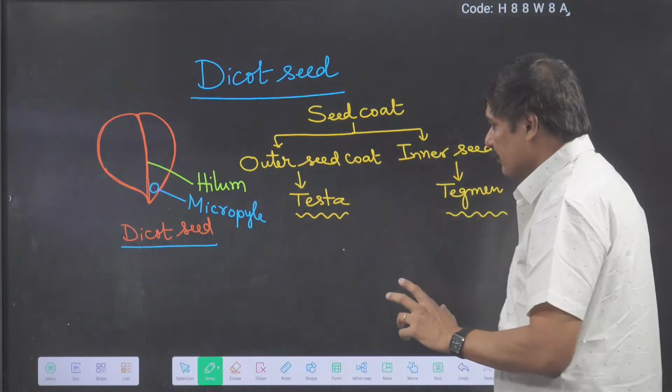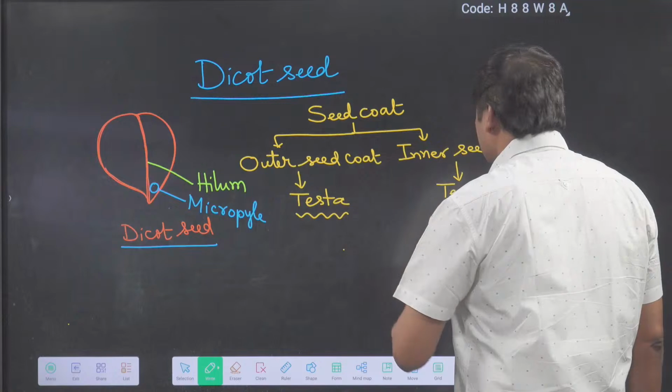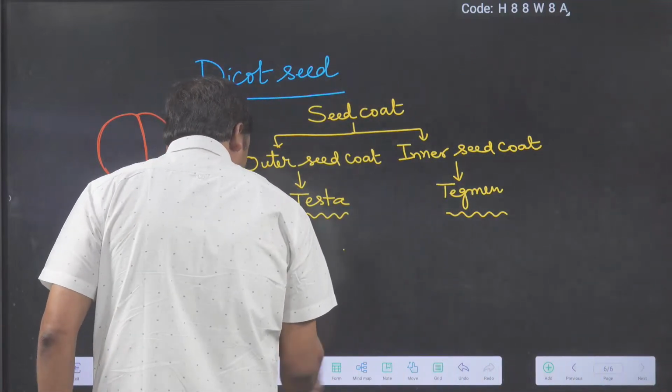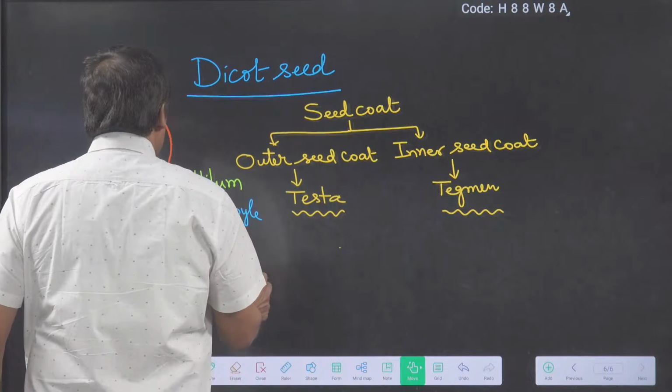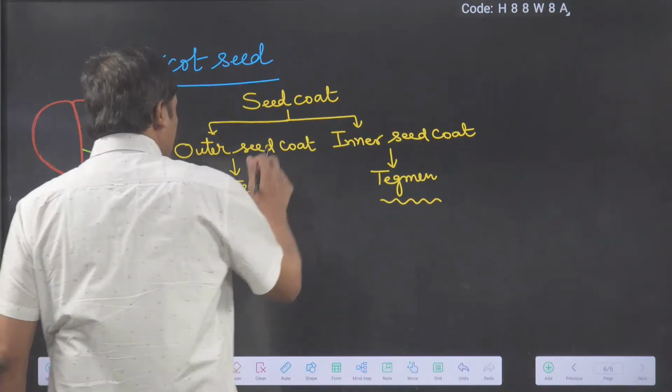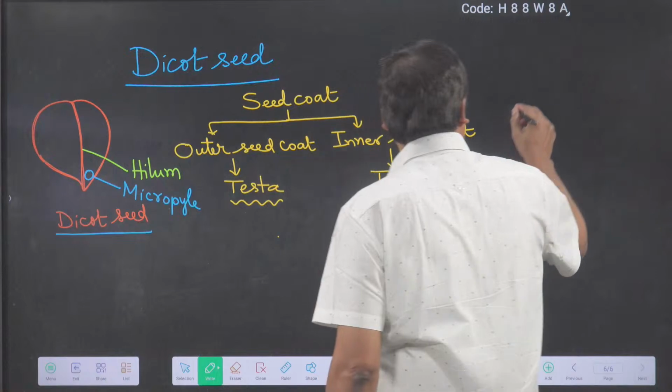Okay, now another part of the seed is the embryo. I told you a dicot seed contains two parts, namely seed coat and embryo.